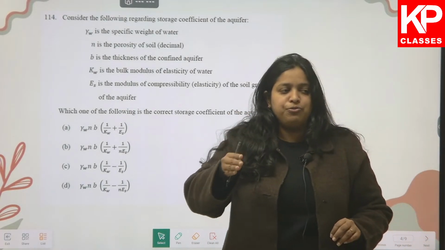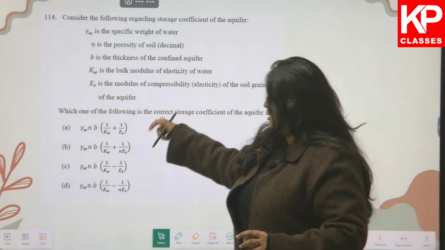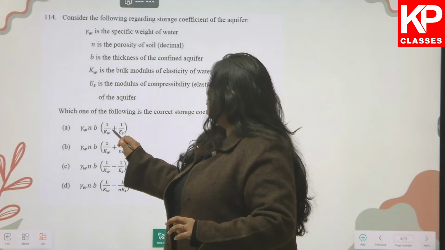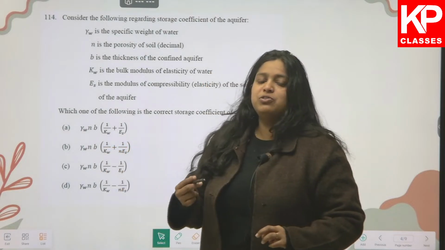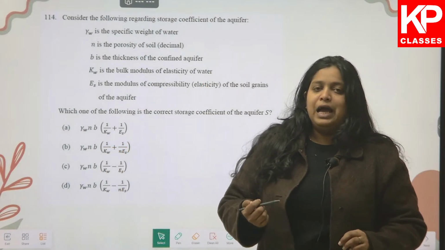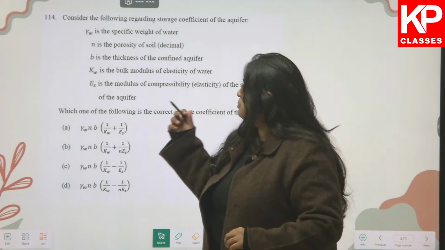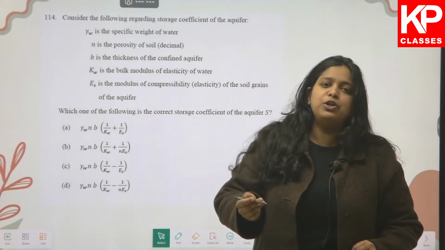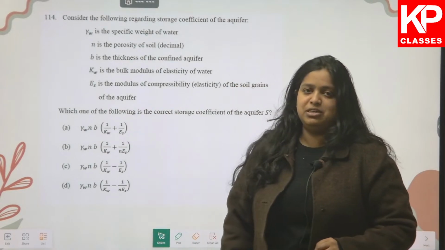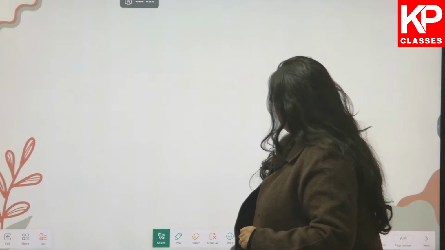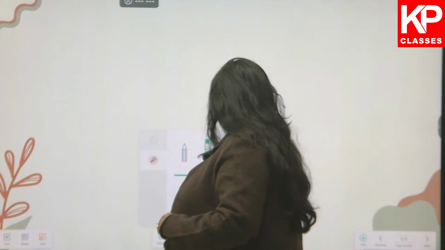In the basic equation, we don't use the bulk modulus; we use the aquifer compressibility and water compressibility terminology. If you don't know the relationship between compressibility and bulk modulus, you will not be able to get the answer. Today we will be discussing the equations, and from the next sections we will be solving questions related to this pattern.